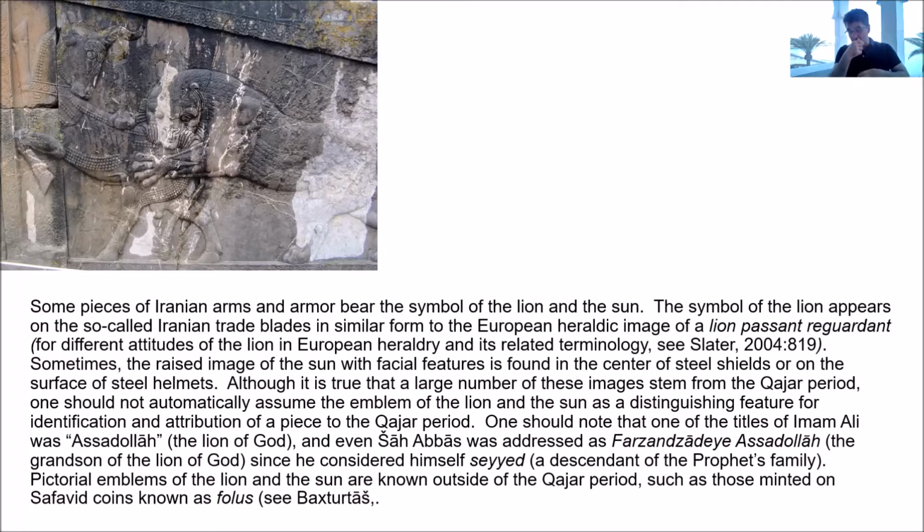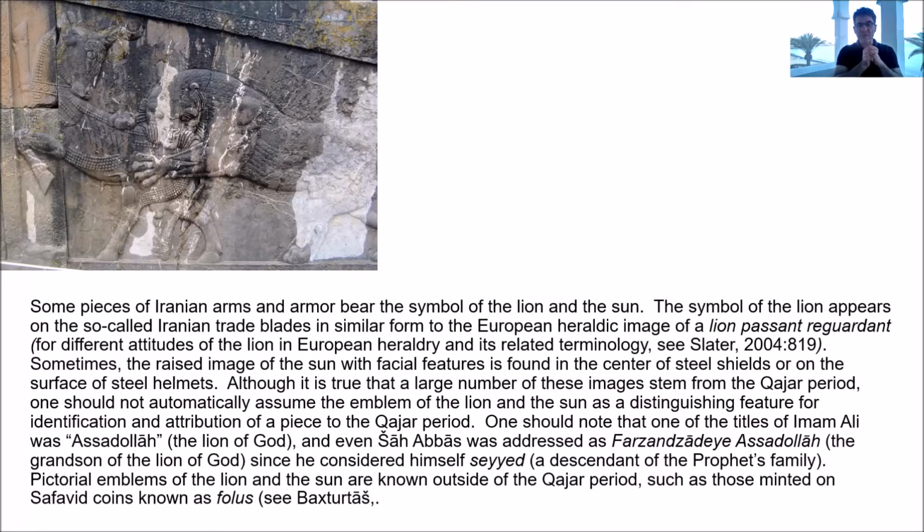I mean, there is no written document that they were only trade blades, but this is what it's known. And you see the image of a lion, which in French we call lion passant regardant, a lion which is walking and looking back.